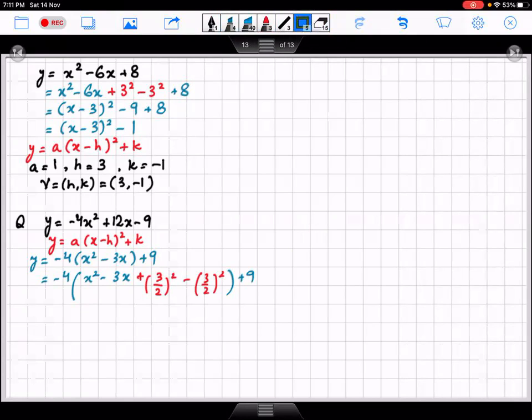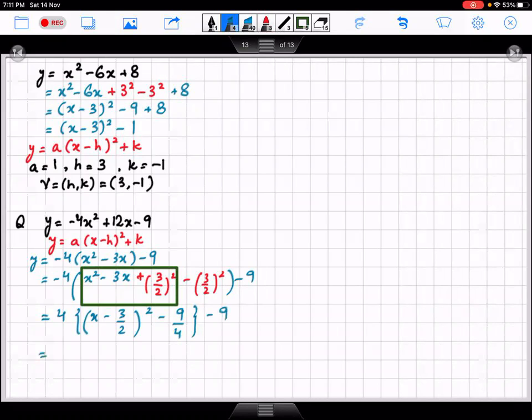So this becomes a square. It becomes a squared minus 2ab plus b squared, so that should become (a minus b) whole squared, and that is 9 by 4.